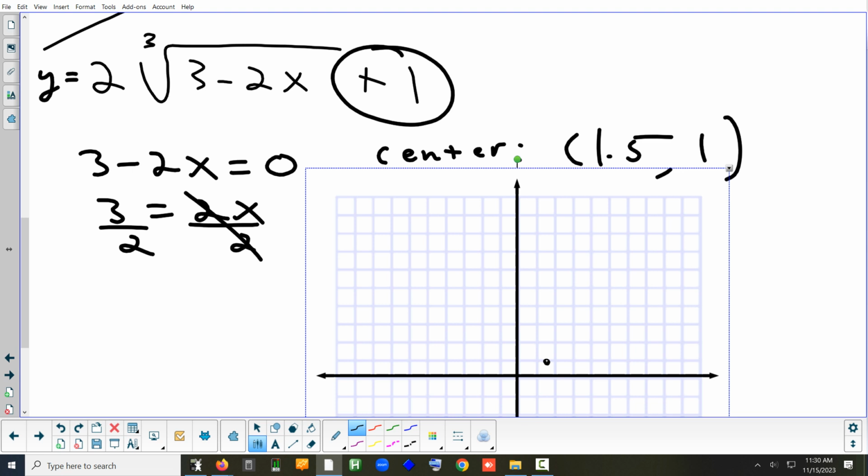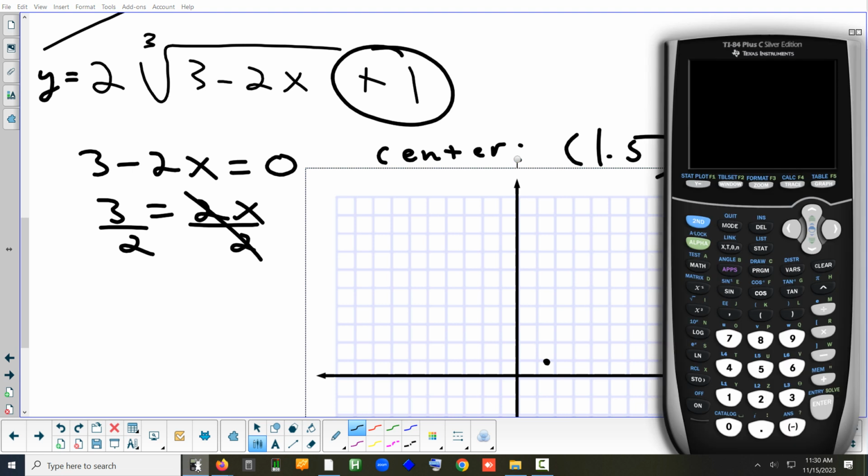But I don't want to do that by hand. So what would make it faster to get a table of values? How could I get some values quicker than plugging them in by hand? Yeah, use the table on the graphing calculator.